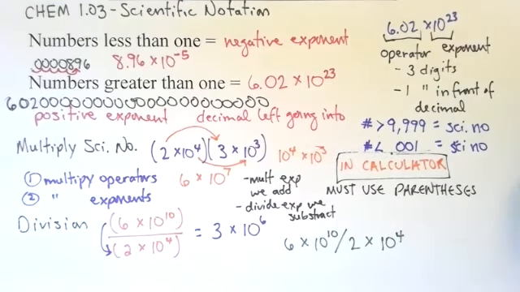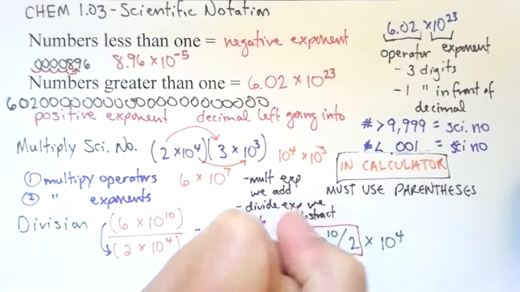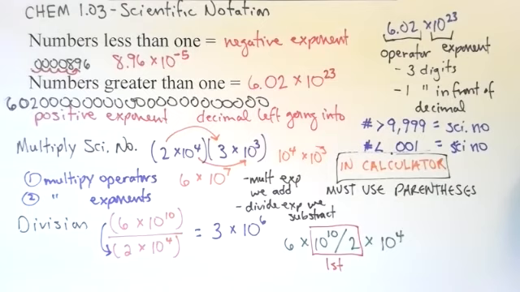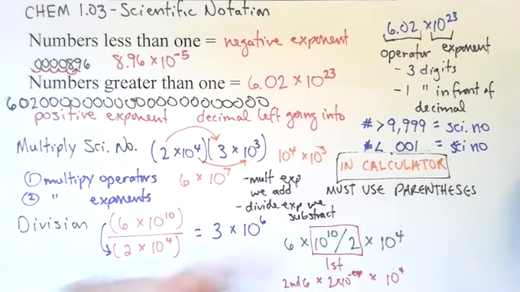What will happen if you put this into your calculator without using parentheses is the order of operations will do this first, and that would become like 2 times 10 to the negative 9th, I think. So it'll take this number, then second, it will take 6 times this negative exponent times 10 to the 4th. So your answer that comes up won't be the correct answer.